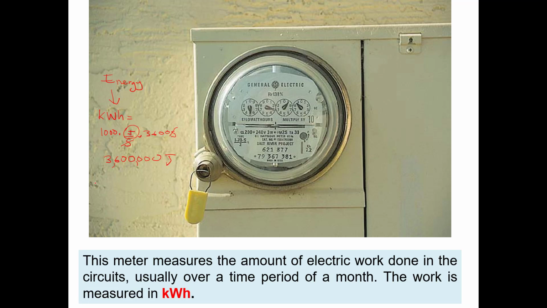Finally, we got 1 kilowatt hour equals 3.6 times 10 to the power 6 joules. I just want to show that this unit corresponds to energy units.